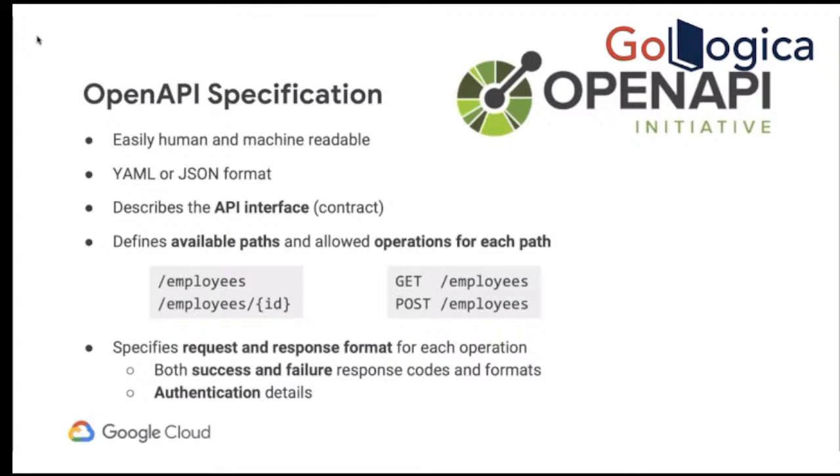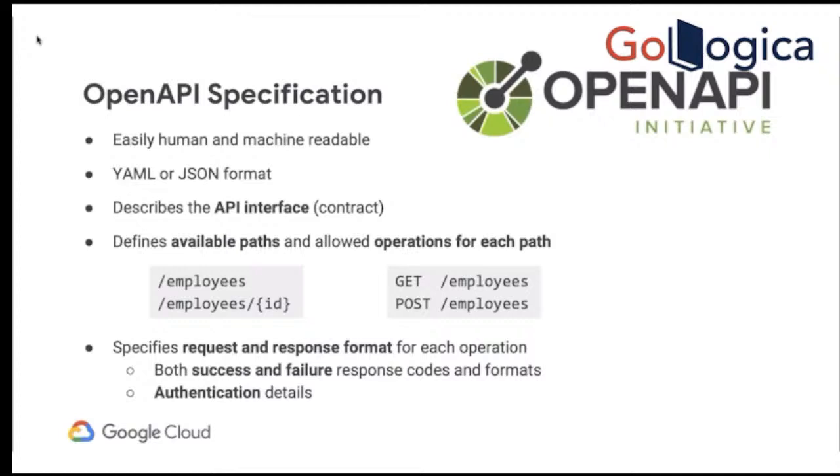And for every path, you can specify the operations, which are your HTTP methods. You can have get, post, put, all those methods, and that way you can do the API design.